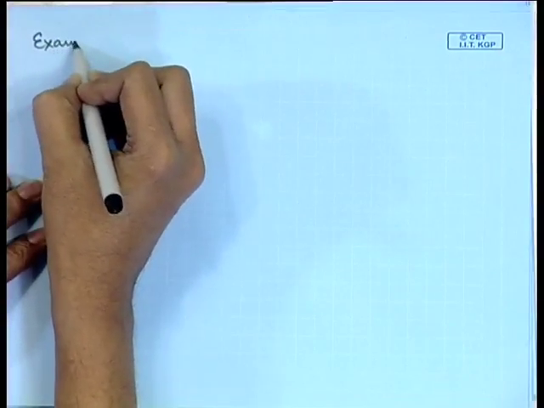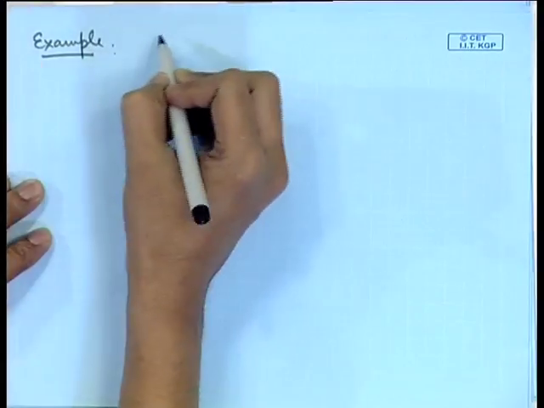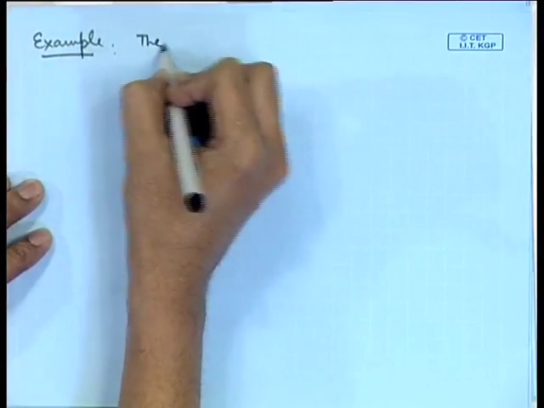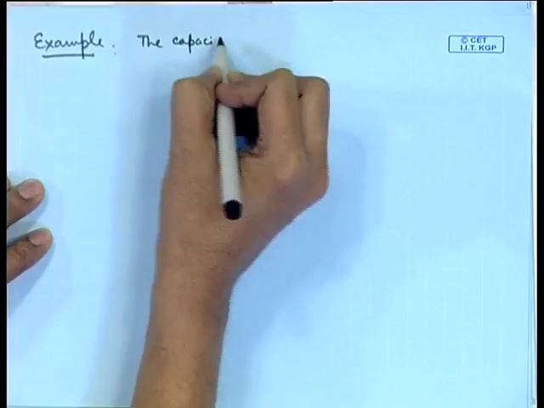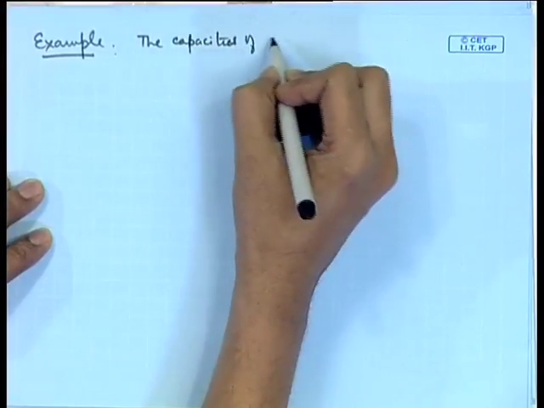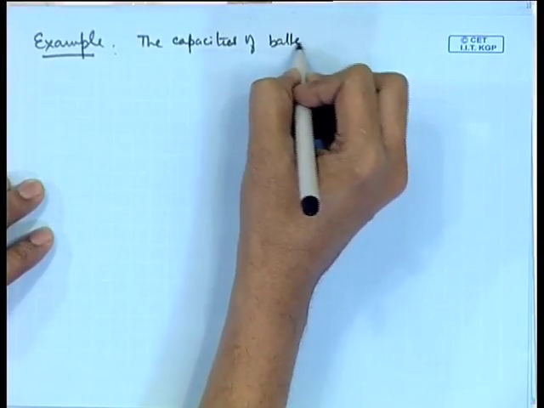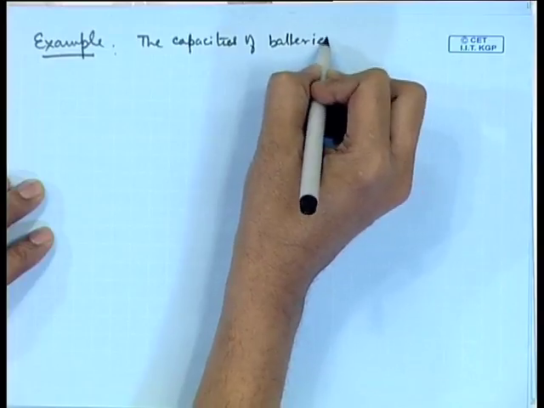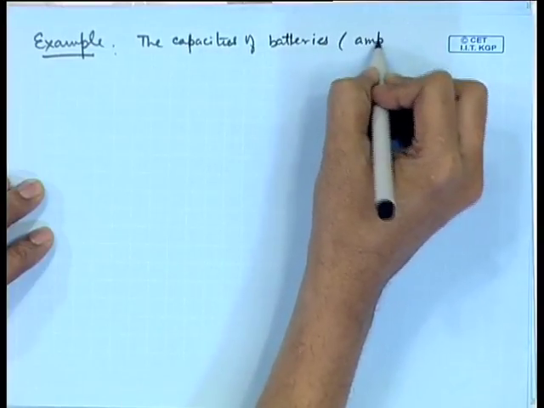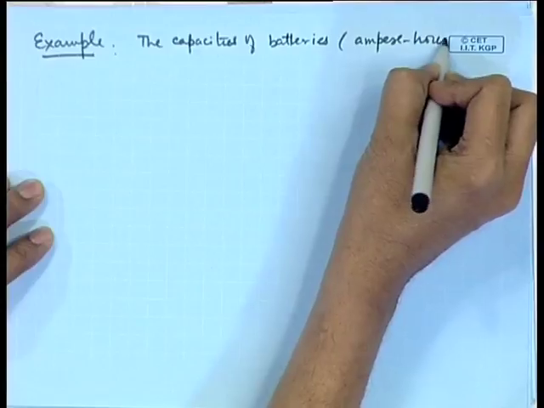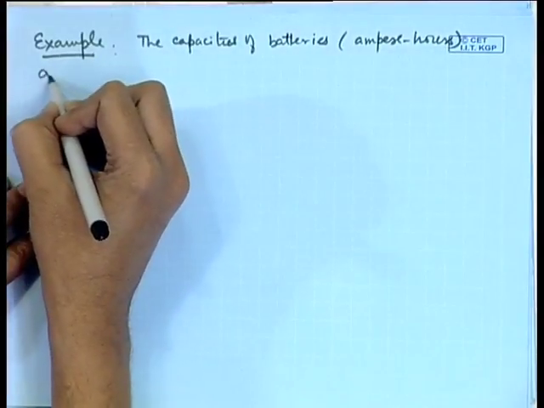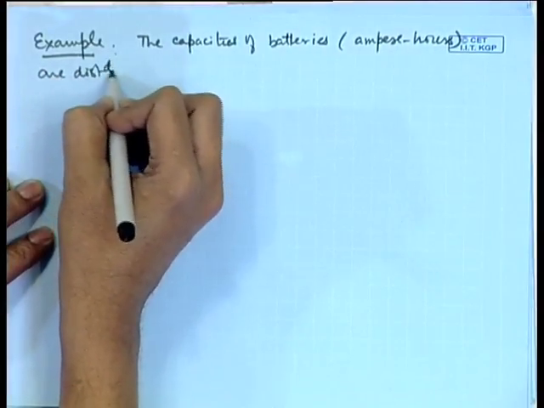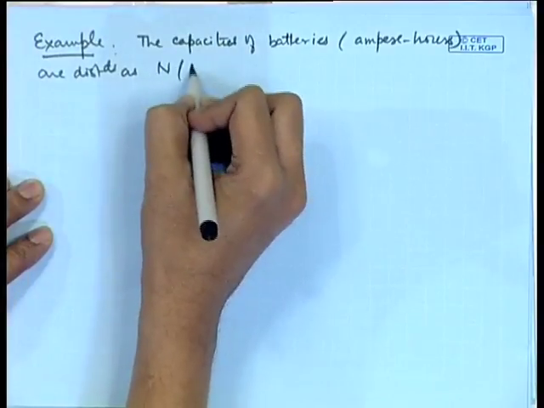Let me take another example here. The capacities of batteries, measured in say ampere hours, are distributed as normal mu, sigma square.